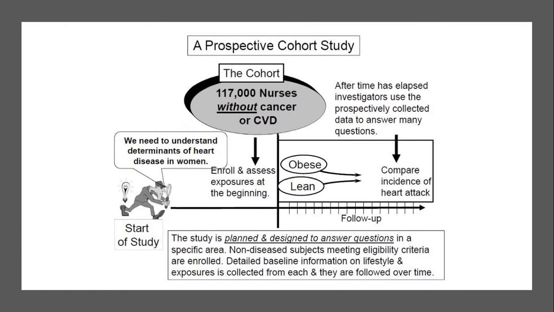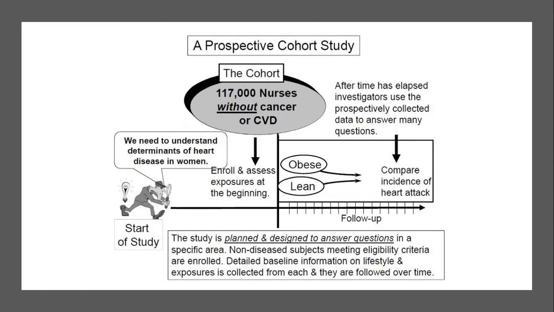The next type is a prospective cohort study, and this is where you're interested in understanding determinants of some sort of disease. And so it's a planned design to answer questions in a very specific area. Non-disease subjects meeting eligibility criteria are enrolled. You get detailed baseline information on lifestyle, demographic characteristics, and exposure is collected from each, and then they're followed over time.